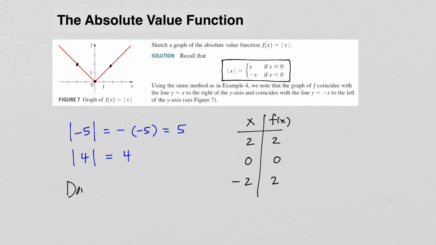And the domain of the absolute value function is all real numbers. You can plug in any number you want, but the range of the absolute value function is only going to be non-negative numbers. So it goes from 0 to infinity.